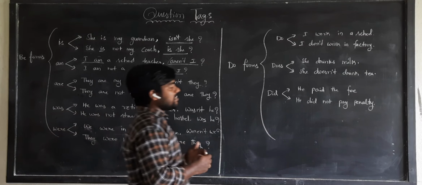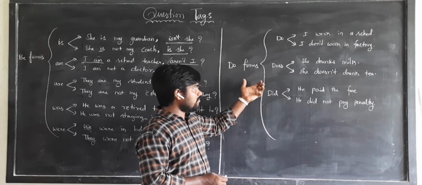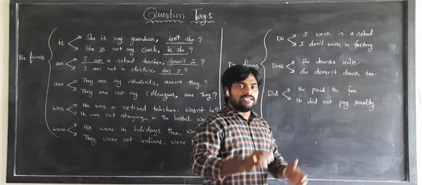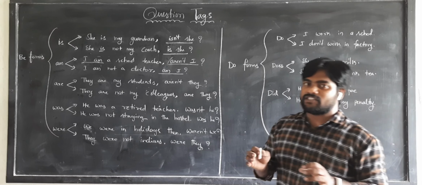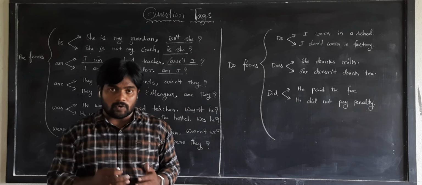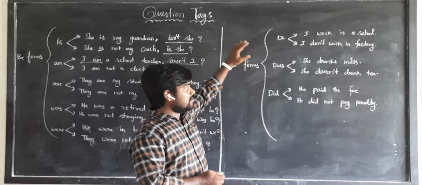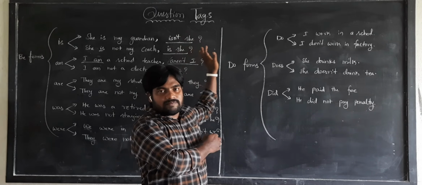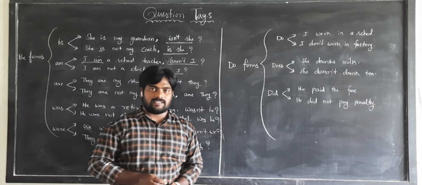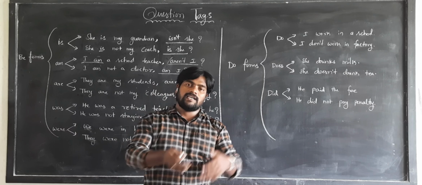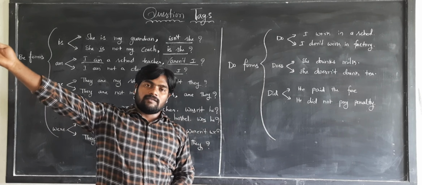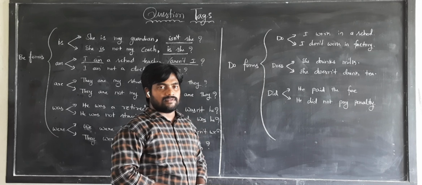Now, how do we change the do forms as tags? Here you need to pay a little bit of attention, because even in the previous class I told you, to make questions, when there are auxiliary verbs, there is no problem in changing questions, because you keep the auxiliary verb first, and then pronoun, and then verb and object.